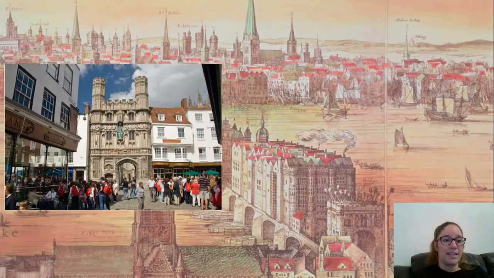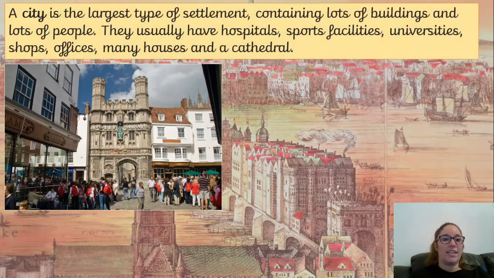Then lastly, we have got a city, and some of you may recognise this as being Canterbury. Canterbury is our nearest city, and it's the largest type of settlement. It's got lots of buildings, lots of people, and it usually has hospitals, sports centres or facilities, sometimes sports arenas, universities, shops, offices, many houses, and most importantly, a cathedral.